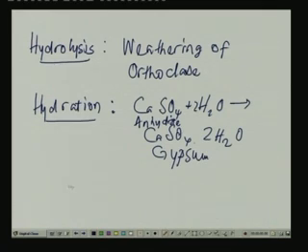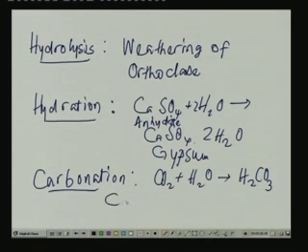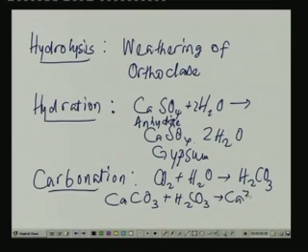Then we have got carbonation. Combination of carbon dioxide in the atmosphere with water forms a mild acid which is called carbonic acid, and that reacts with limestone or marbles, releasing calcium ion in the solution and dissolved bicarbonates.